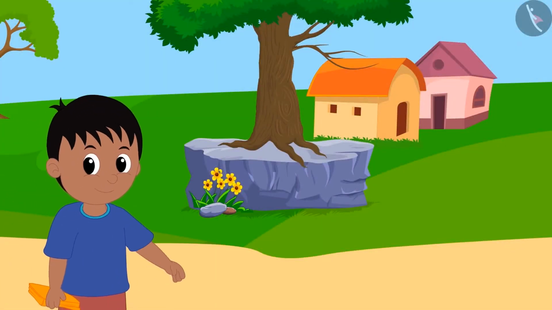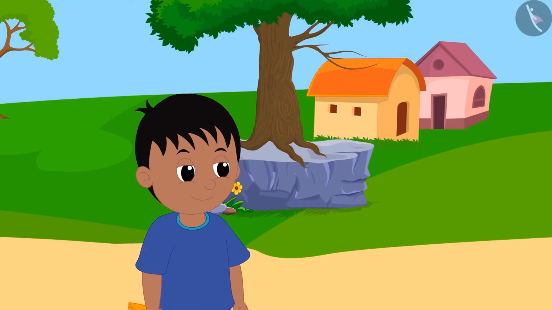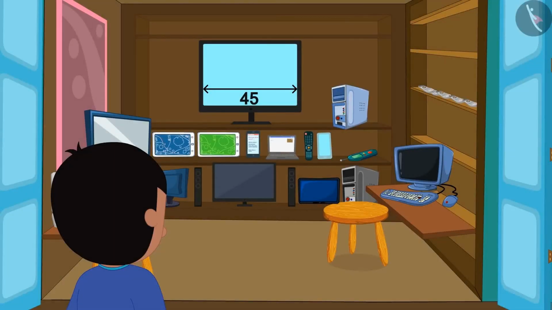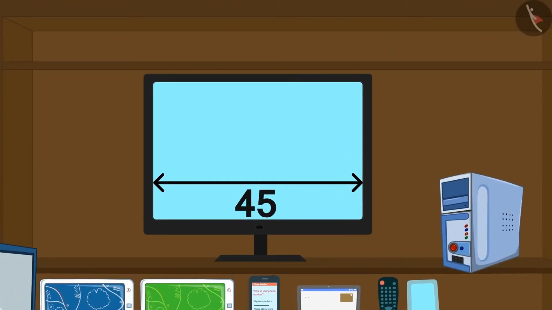When Raju was returning home, in a shop on the way, he saw a computer monitor like this. On the monitor, the screen size was written in this way, but only the number 45 was written below that.